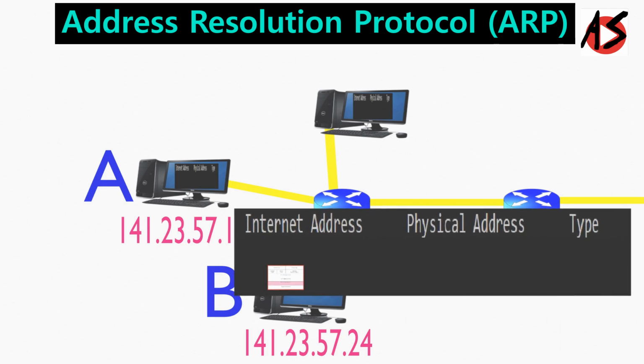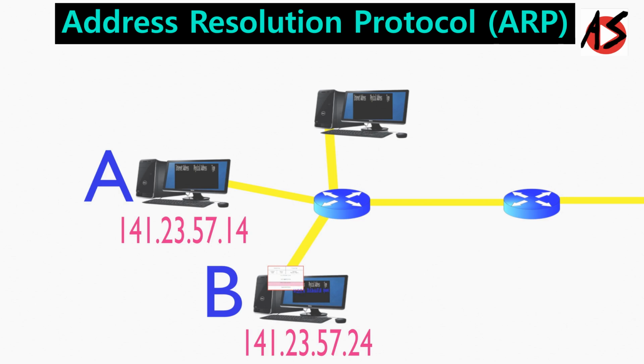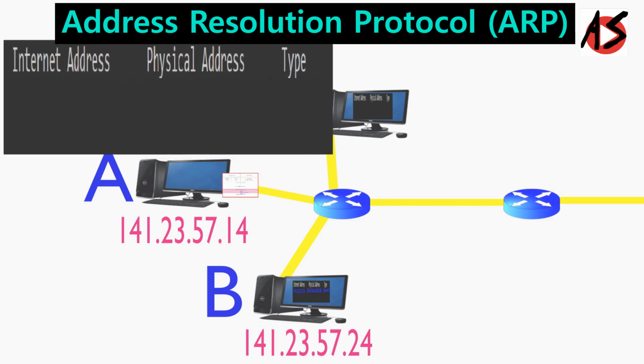System B saves the sender's IP address and physical address in its ARP table for future use and sends an ARP reply packet that includes its physical address to system A. Now system A knows the physical address of system B, so it makes an entry of the physical address in its ARP table.